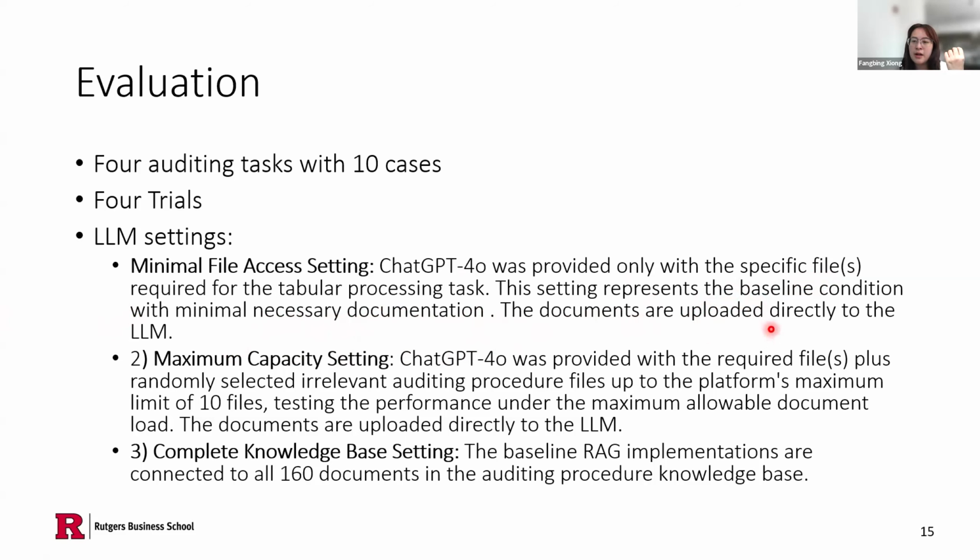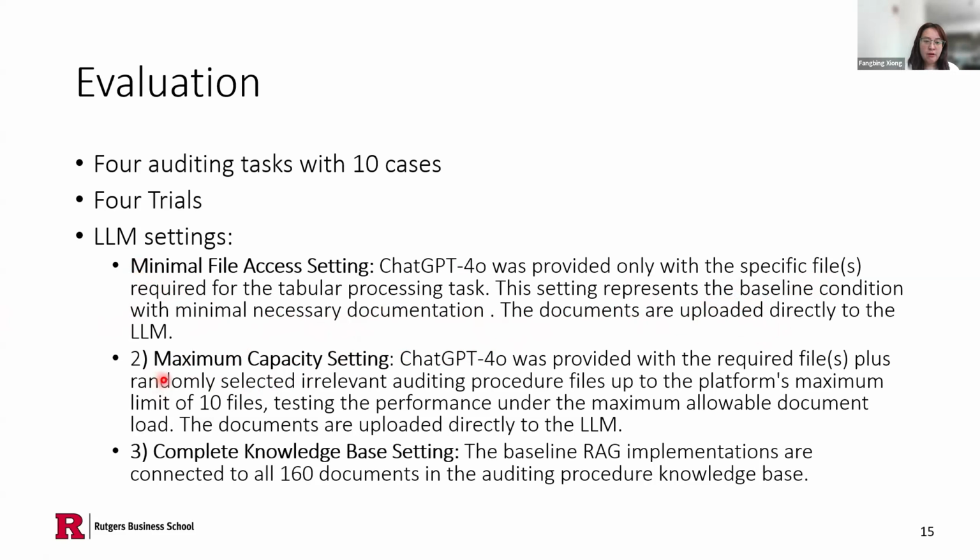The documents are not uploaded directly to the large language model. So we use this setting to mimic how the auditors deal with the documents if they use ChatGPT directly. And the auditors should know clearly what documents they are going to use.